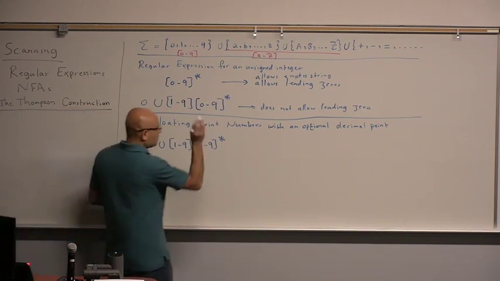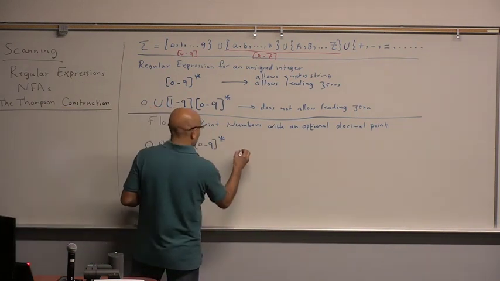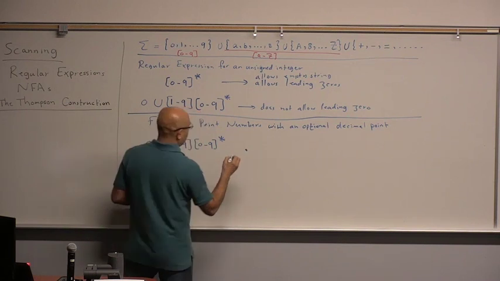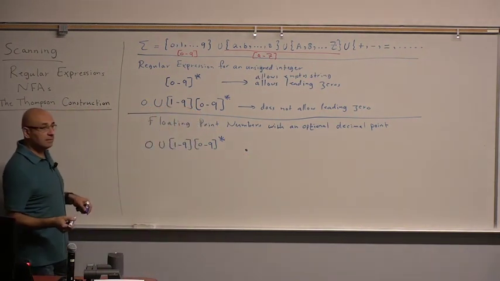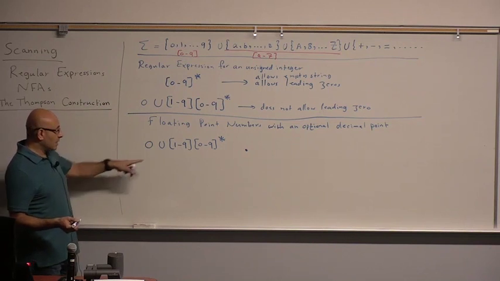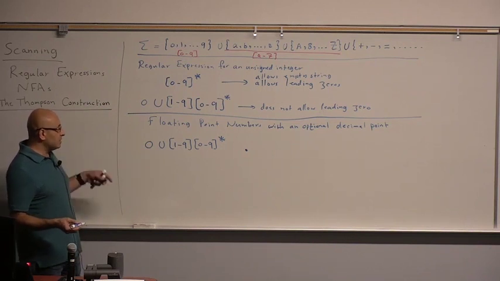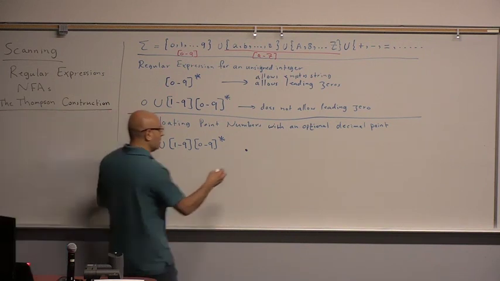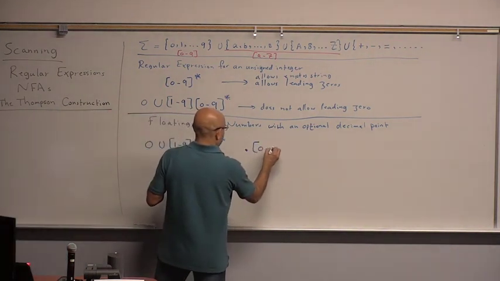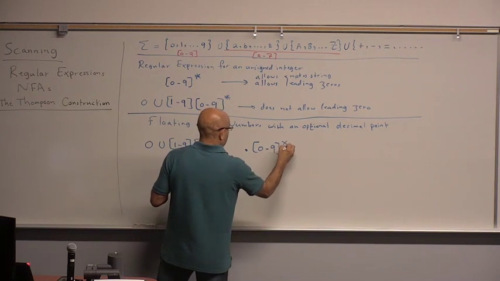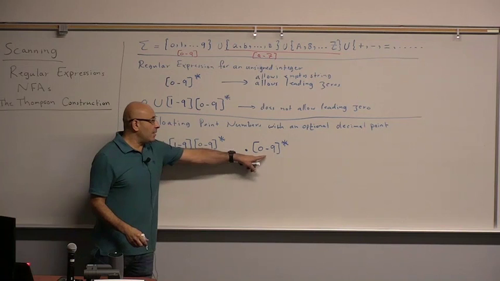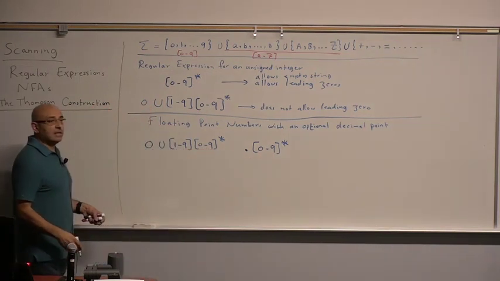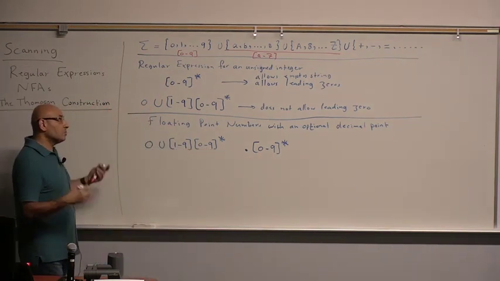So if the decimal point is optional, then how do we express this? So let's say that the decimal point is not optional. So we'll put a decimal point. Then after the decimal point, we'll have what? Yeah, we can have an integer. Now, you may allow the empty, so you can simplify things and put 0-9 star. Now, if you put 0-9 star here, you are allowing an empty string after the decimal point, which could be fine, right?